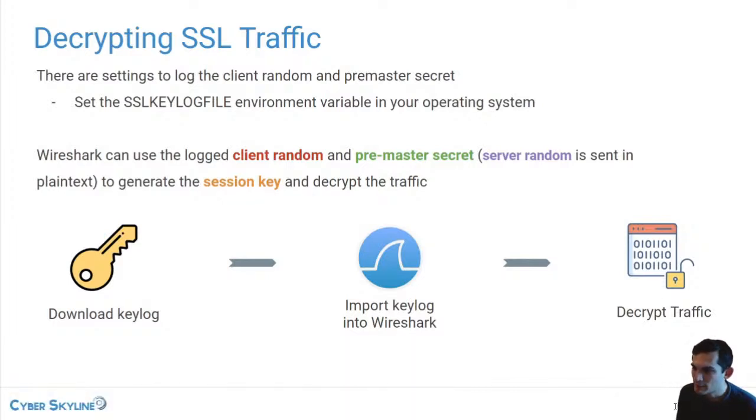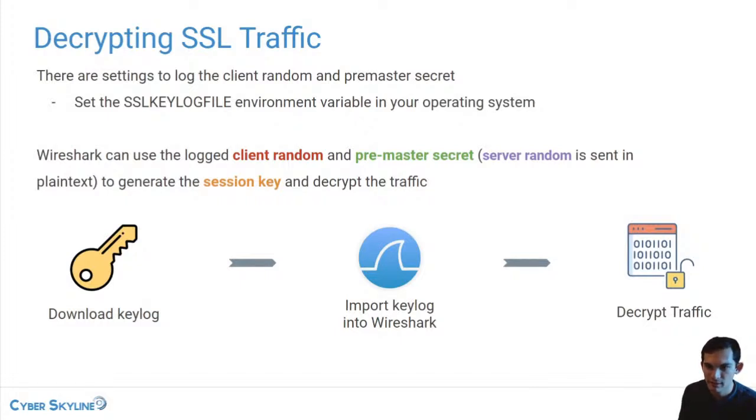If we have the private key, then how do you decrypt the traffic? If you have the actual private key, and not just this SSL key log file, I believe there is another setting within the profile.